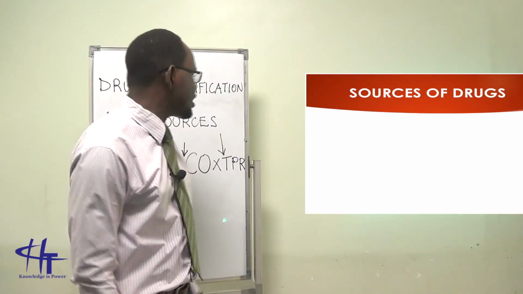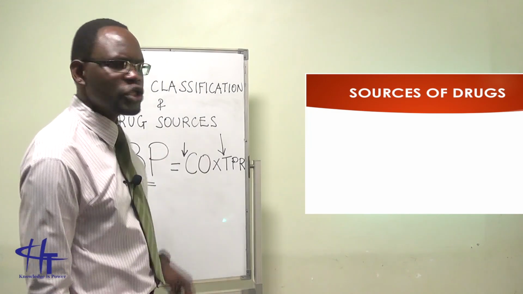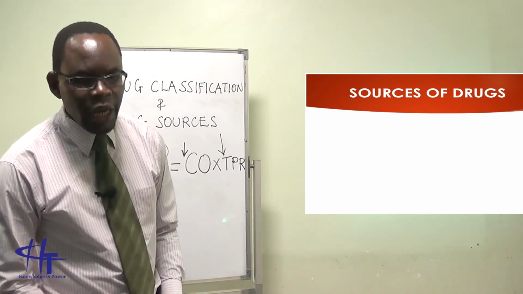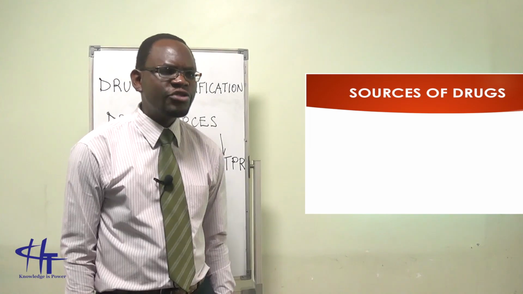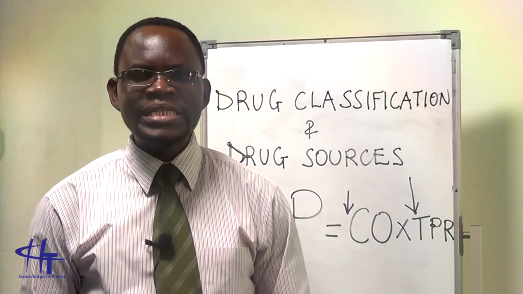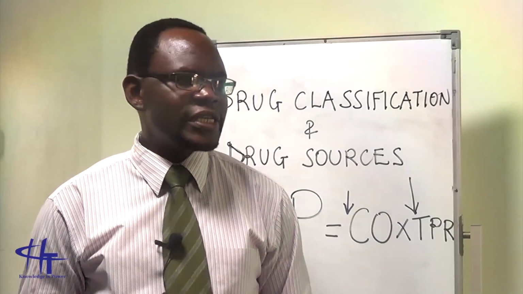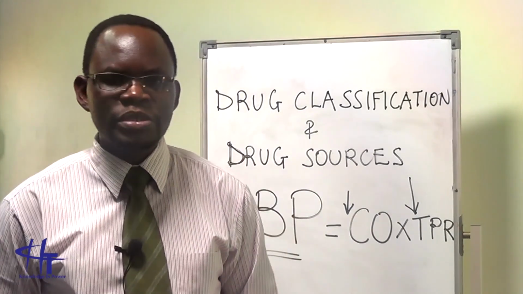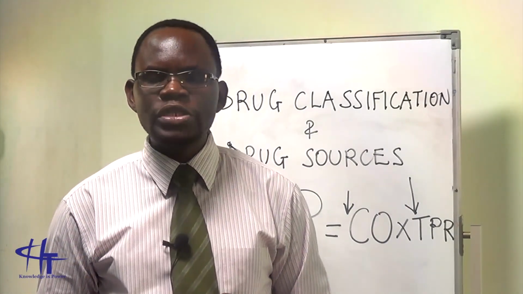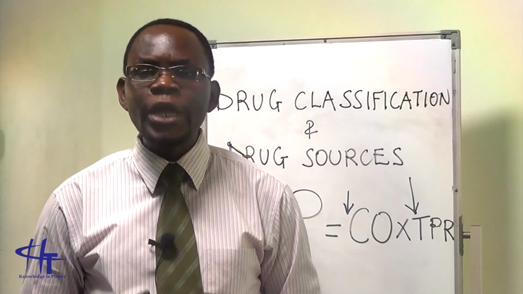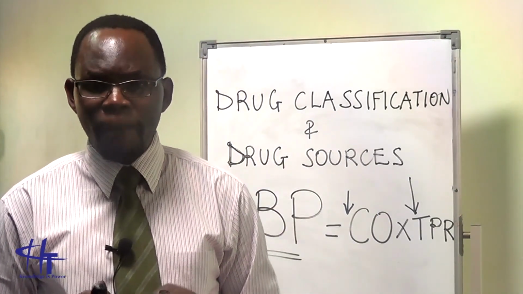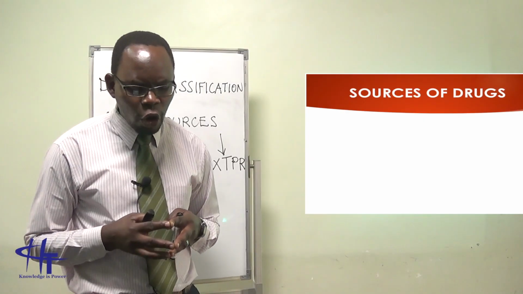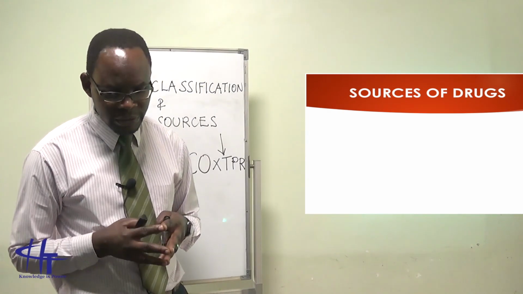Now, let's look at drug sources. We know very well that a source is that from which something comes. So when we talk about drug sources, we mean where do we get drugs from? Drugs are got from quite a number of things.